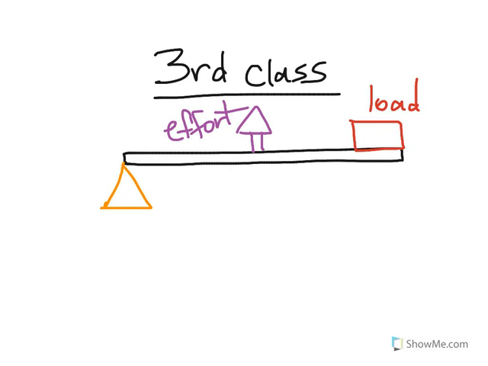Now, for the first and second class lever, okay, it is possible for you to lessen the effort compared to the resistance, compared to what the load would be. In a third class lever, the force that you apply on the lever is actually going to be greater than the resistance that's applied by the load. And one prime example of this is a broom.